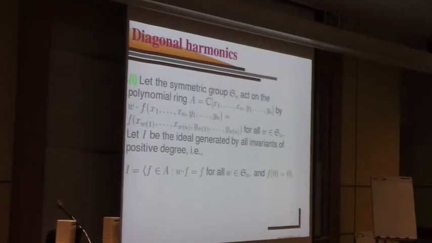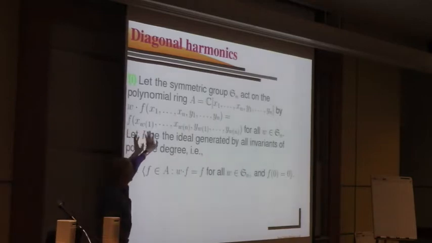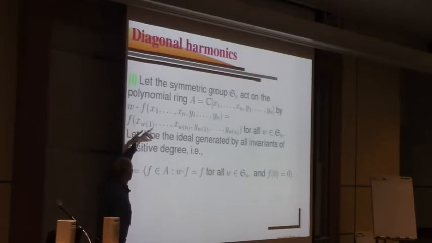So we'll let the symmetric group act on, say, a polynomial ring A over the complex numbers, two sets of n variables, x1 up to xn and y1 up to yn, and act diagonally, that is, it acts the same way on each set of variables. W, f of x1, f of xw, etc.